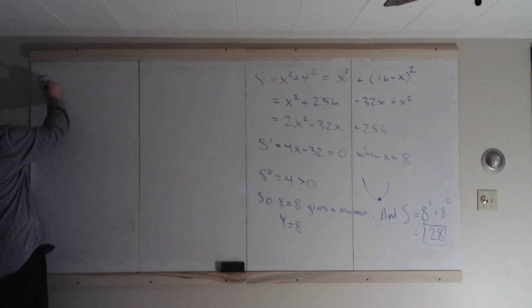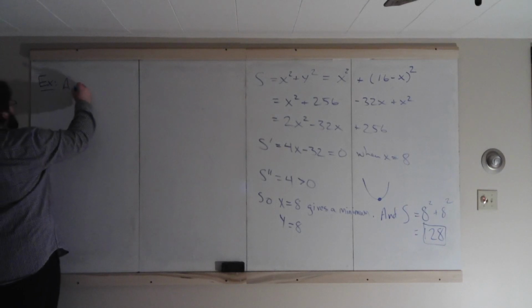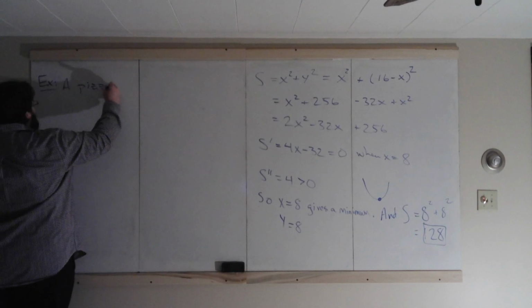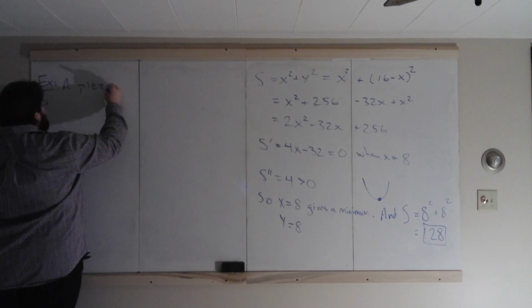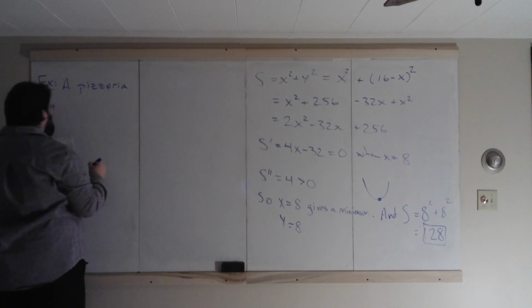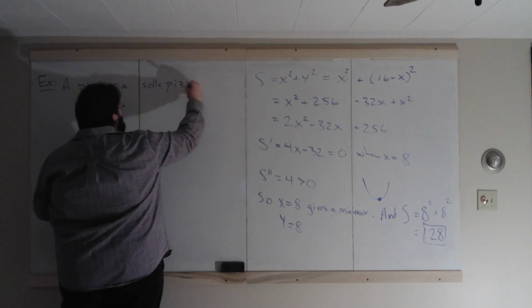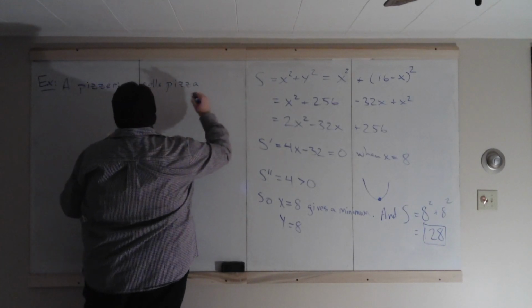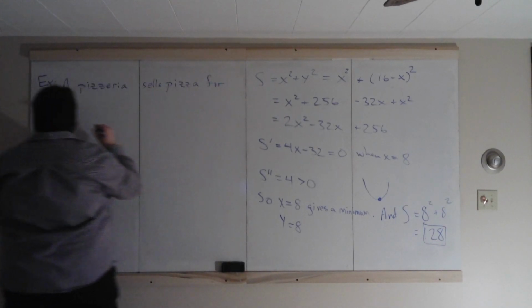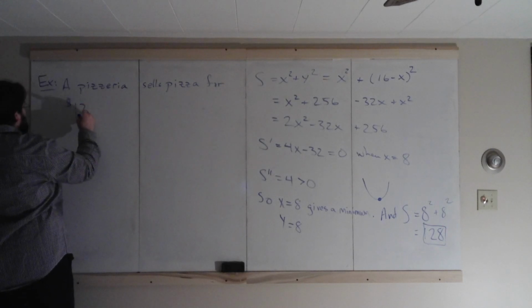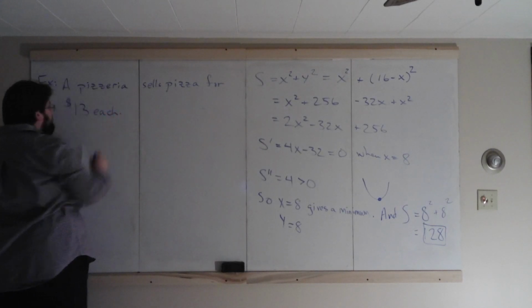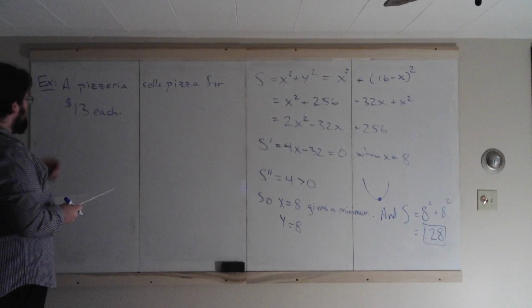Let's do another example. A pizzeria sells pizza for $13 each. That's a lot of money for a pizza, I think.